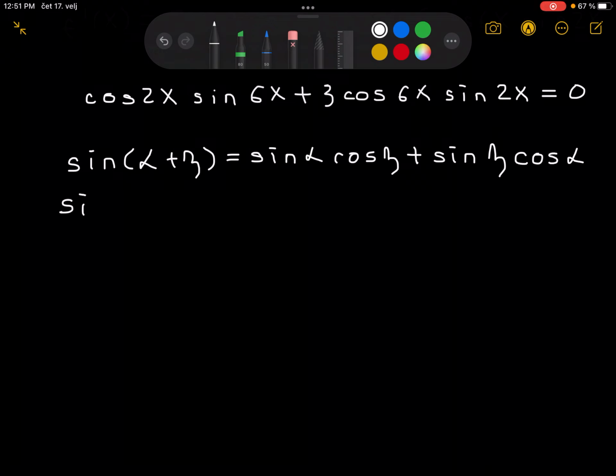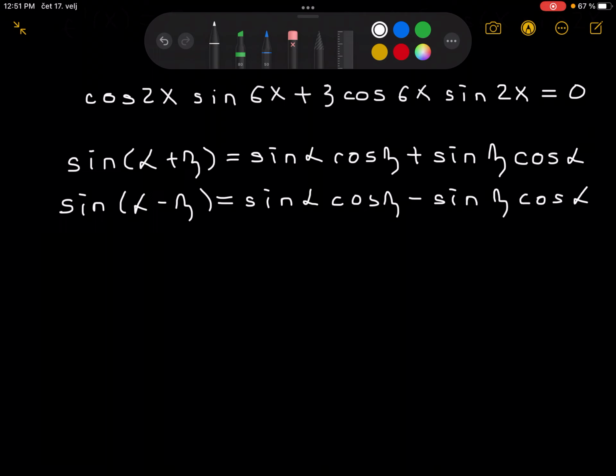And sine of alpha minus beta is equal to sine of alpha cosine of beta minus sine of beta cosine of alpha.